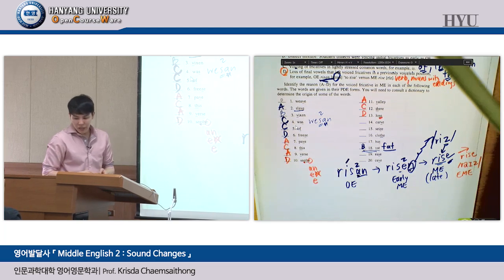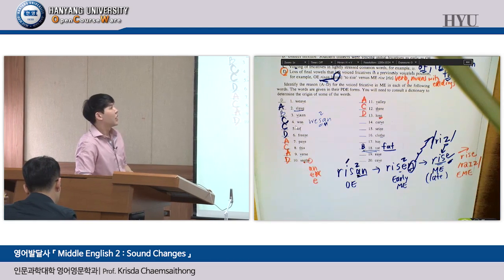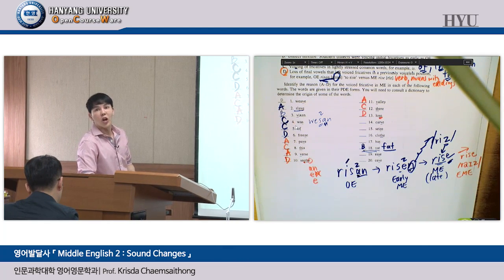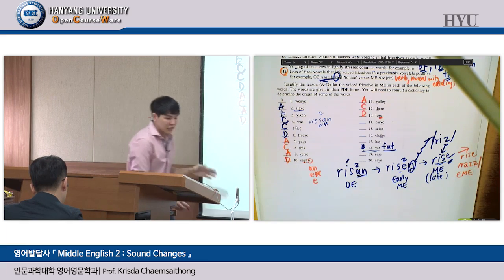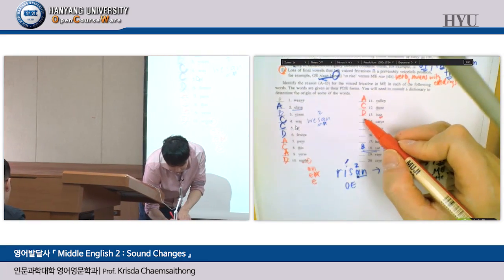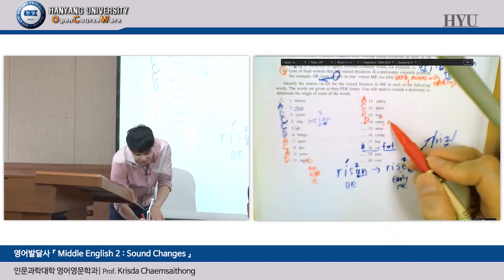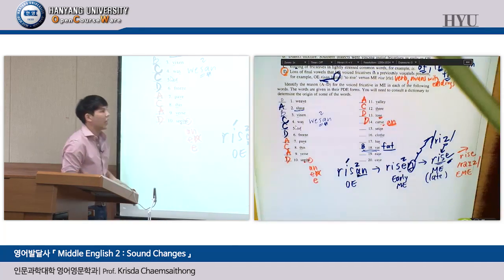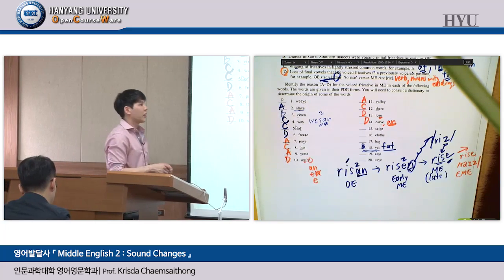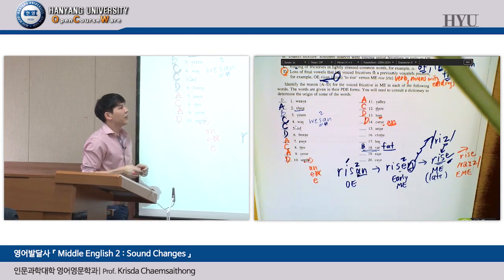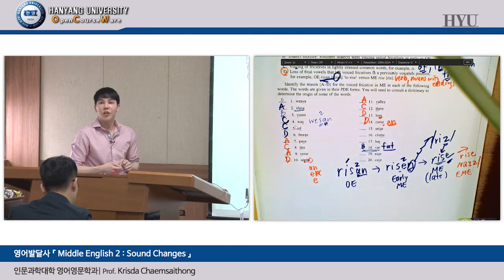Number 14, carve. Carve is a verb also, right? So you can credit it to factor number D, right? The infinitive an is gone, right? Number 15, cease is a verb.